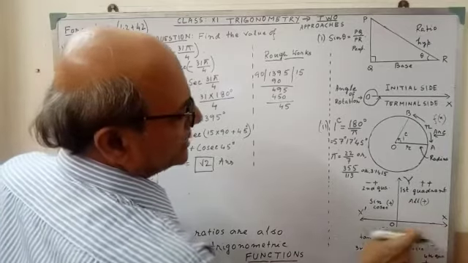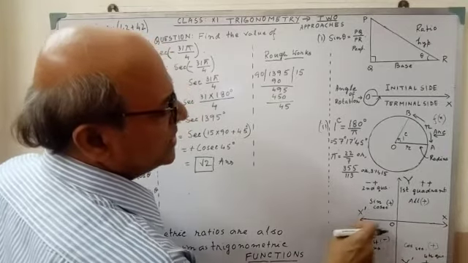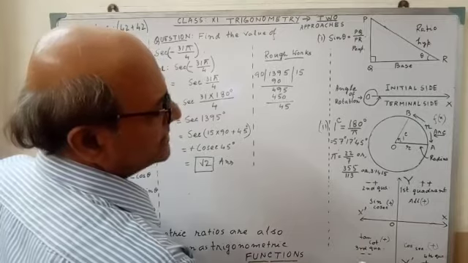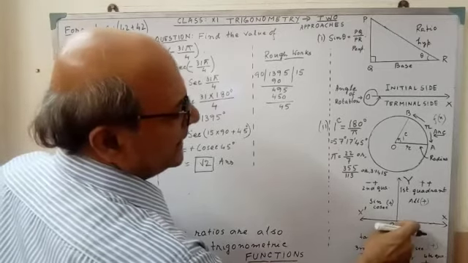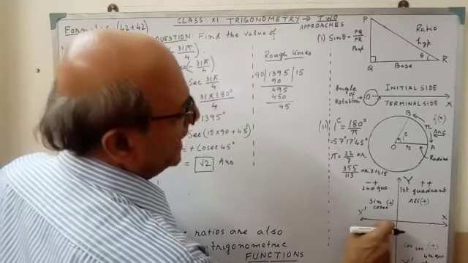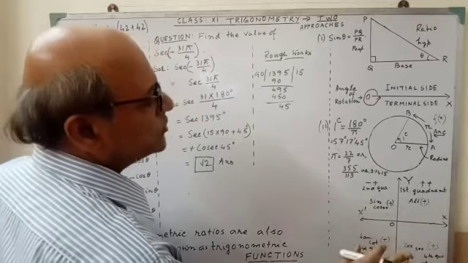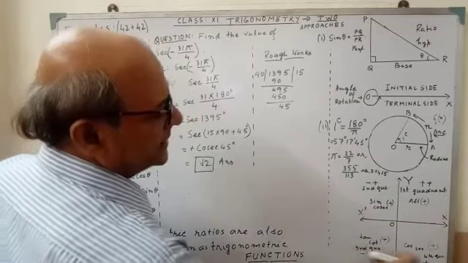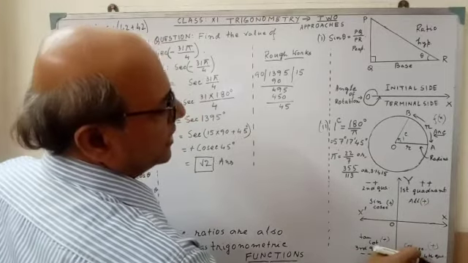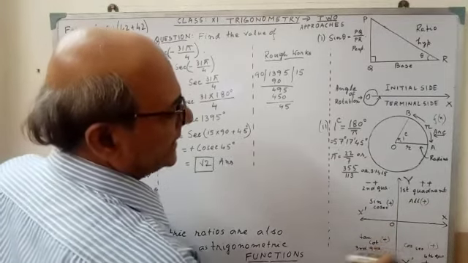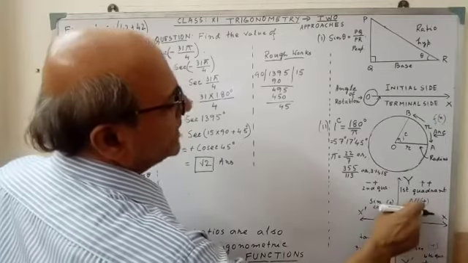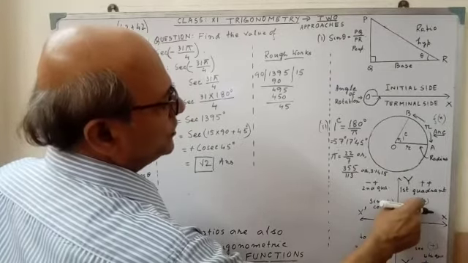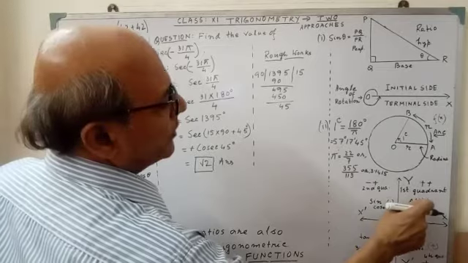Here x to x dash is the x axis, y to y dash is the y axis, they intersect perpendicularly at O. O is the origin, that is known to you very well. This is the first quadrant, this is the second, this is the third, and this is the fourth quadrant. In the first quadrant, all trigonometrical ratios will be positive.